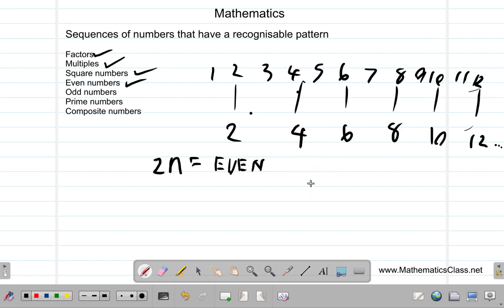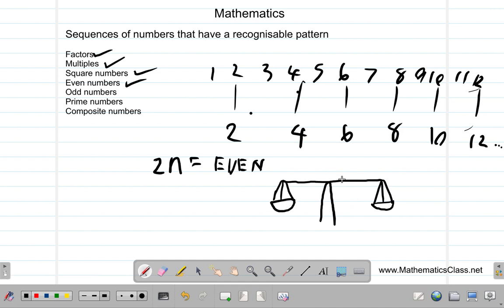Now, of course, with even numbers, you can balance. If you have a balance scale here, though I never really see a balance scale in real life, I always see them on the internet.